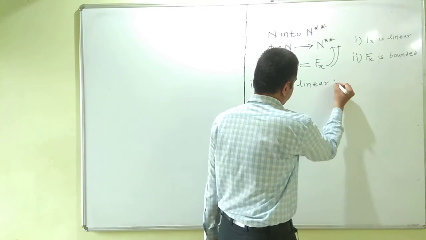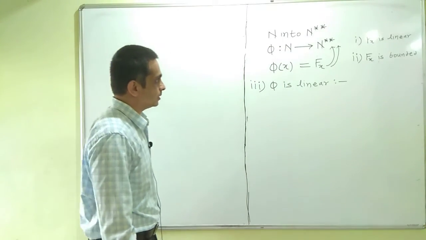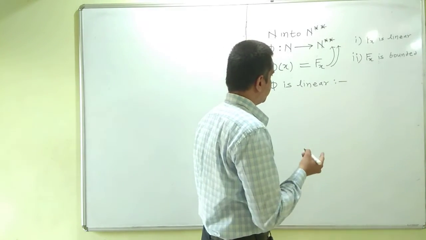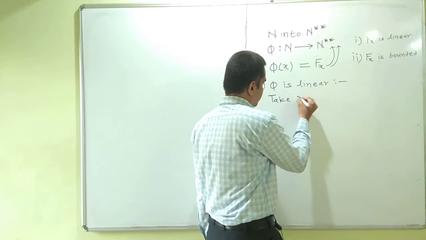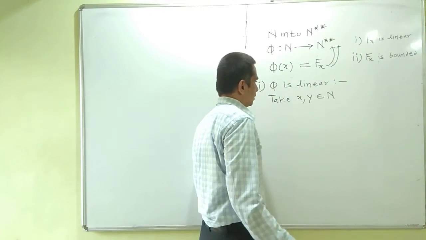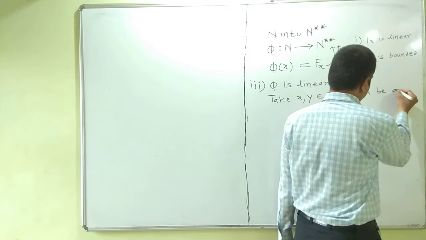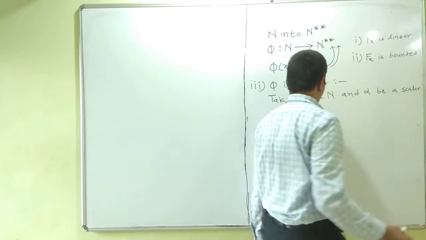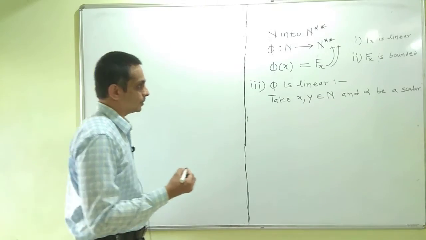So to establish the linearity of phi, we have to prove that phi of alpha x plus beta y is equal to alpha phi x plus beta phi y. Take x and y in N and alpha be a scalar. So rather than proving that phi of alpha x plus beta y equals alpha phi x plus beta phi y, I will separately prove two properties.